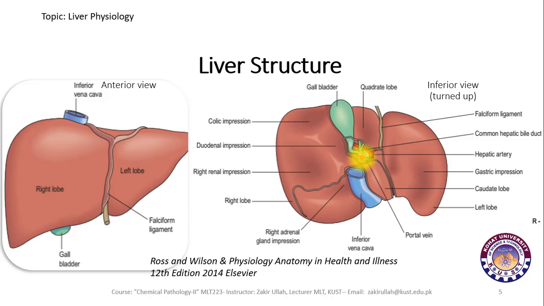So this triad is present in every lobe of the liver. We can also see here the inferior vena cava on the posterior surface of the liver. So these are the structures of the liver and the organs associated with the liver.